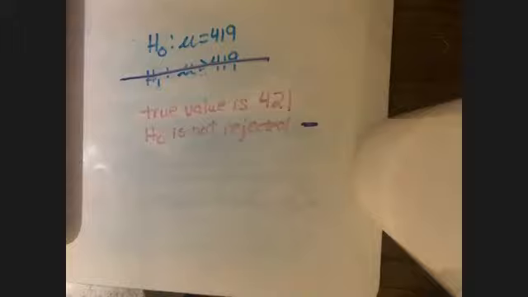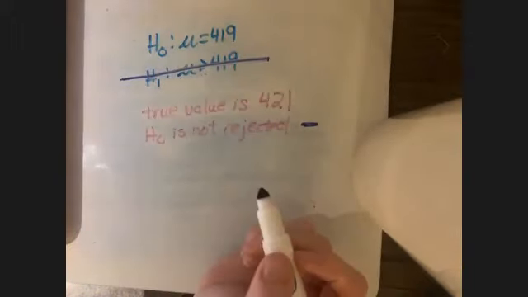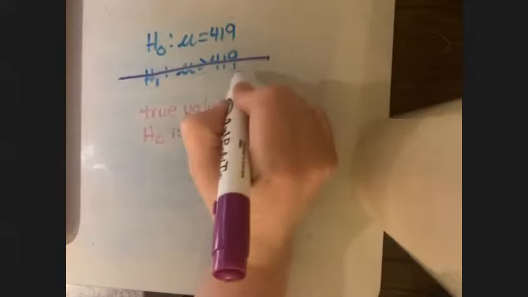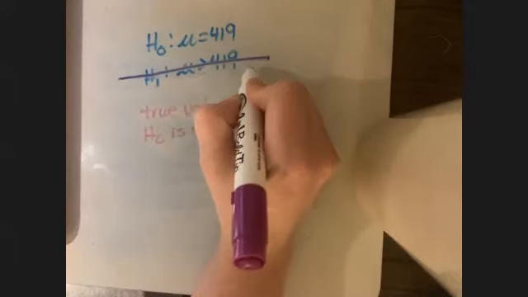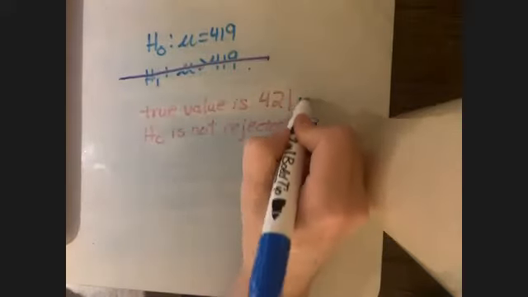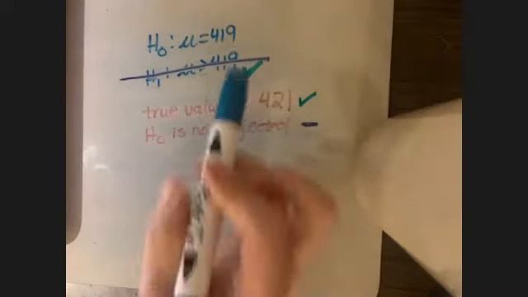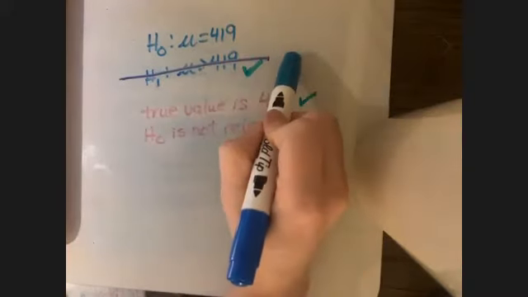Since it's not rejected, I kept it. So we're going to keep that. But it says the true value is 421. That means 421 is bigger than 419. So this is this statement down here. This is the answer I should have gone with, but I marked it off.